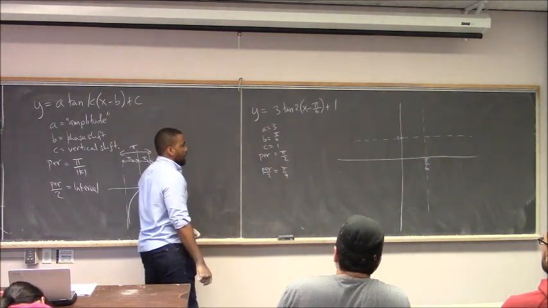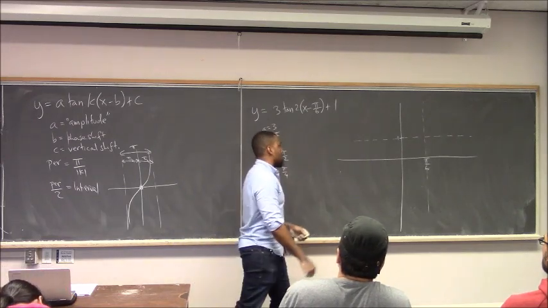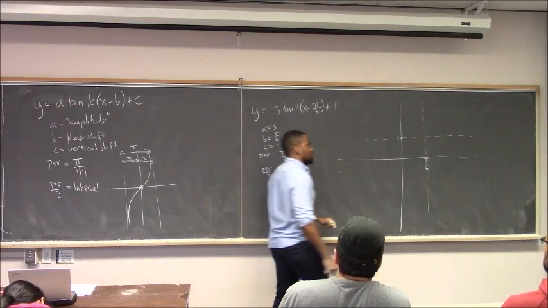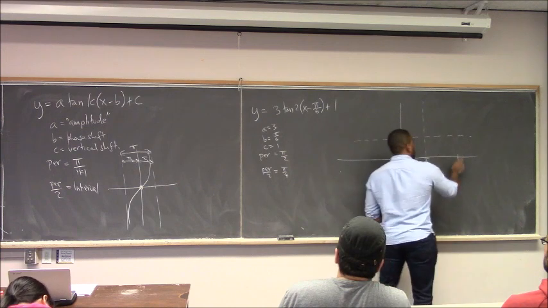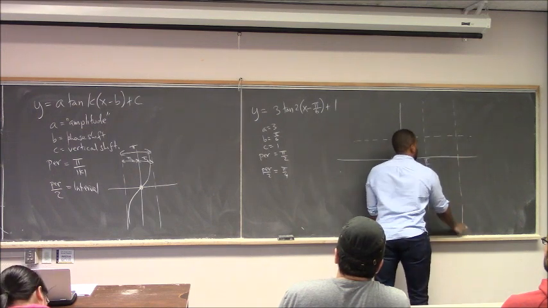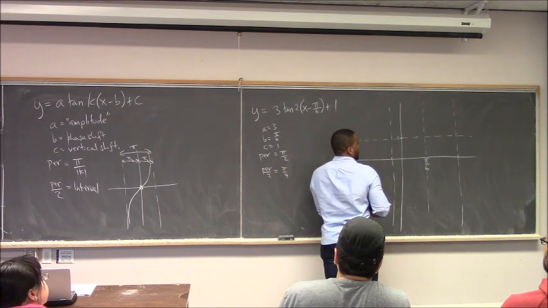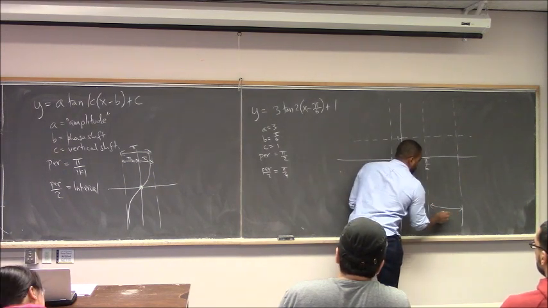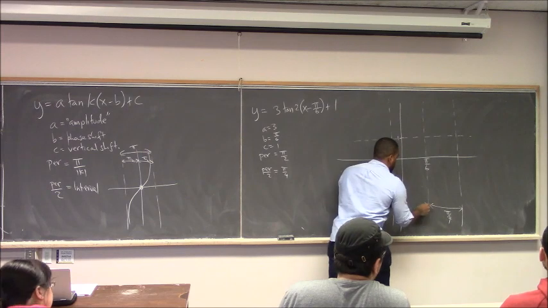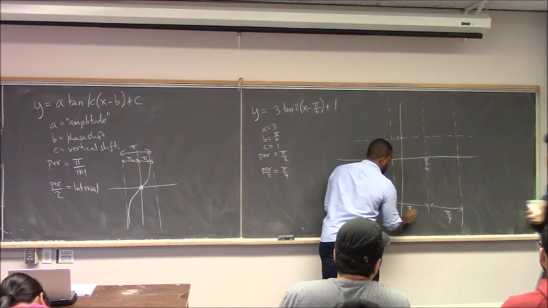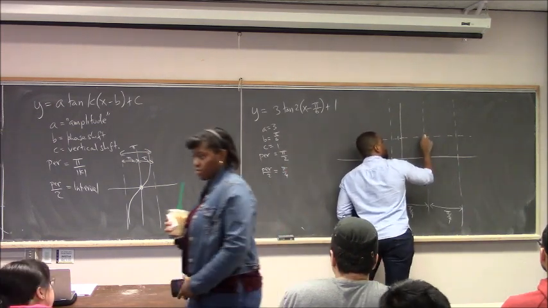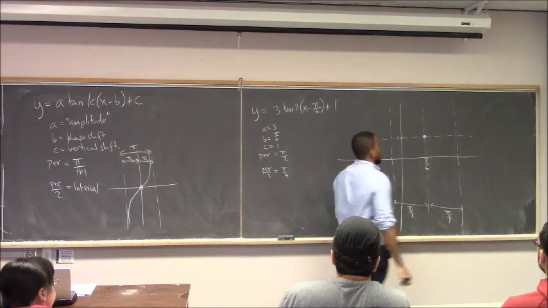So if I take pi over 6 and add and subtract pi over 4, pi over 4 is actually larger than pi over 6, so it's going to come somewhere over here and somewhere over there. So for the length here, you'll just add pi over 4, and then for the length here, you'll subtract pi over 4. And here is where the middle of the tangent graph will sit.